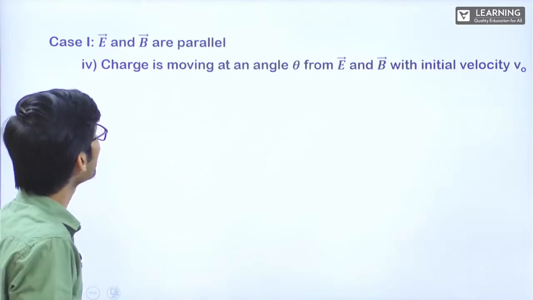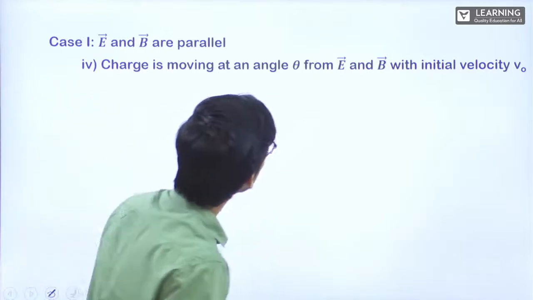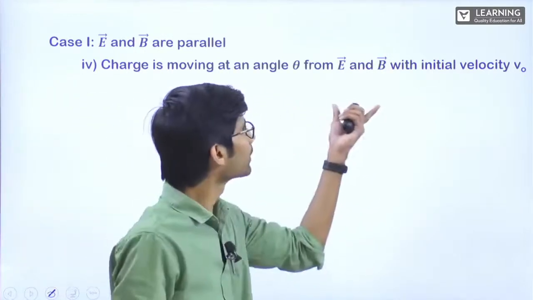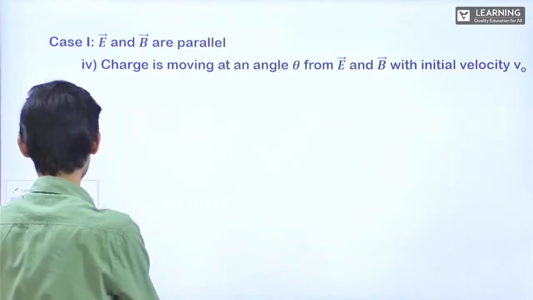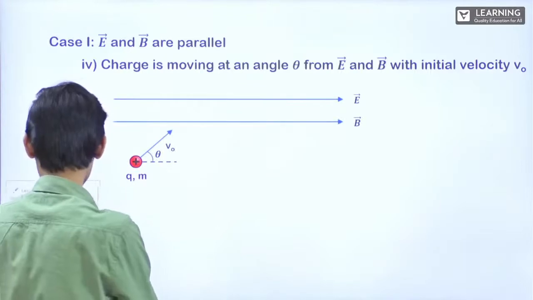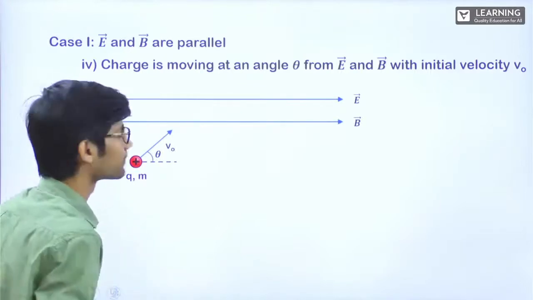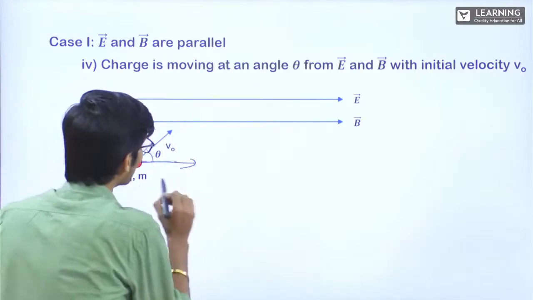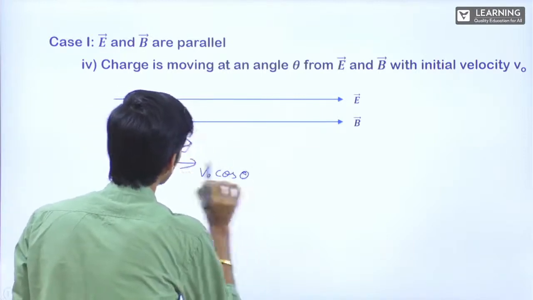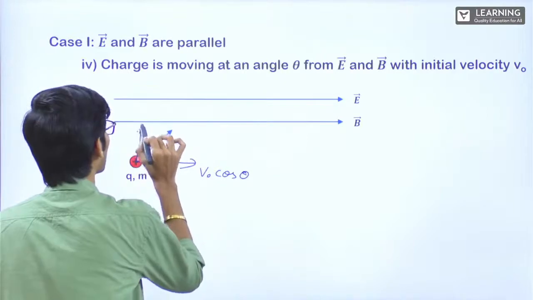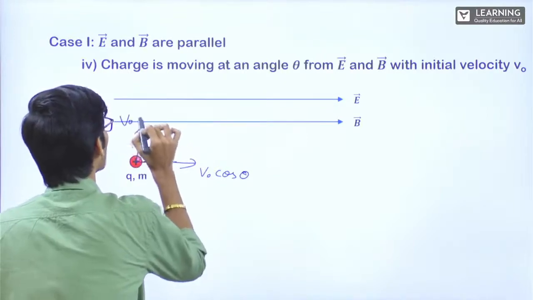E and B are parallel. Charge is moving at an angle theta from E and B. Again, it is simple only. So it is at some angle. Now what will happen? The difference. This is V0 cos theta. This is V0 sin theta.